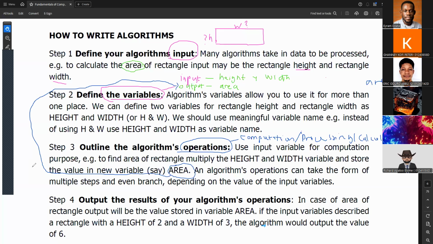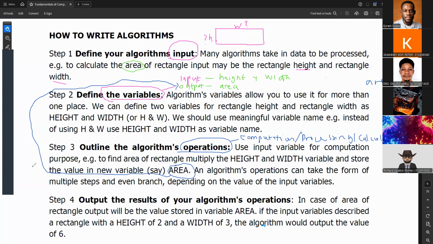There are other instances where you may have to perform multiple steps in order to perform the operation of that algorithm, of that problem.